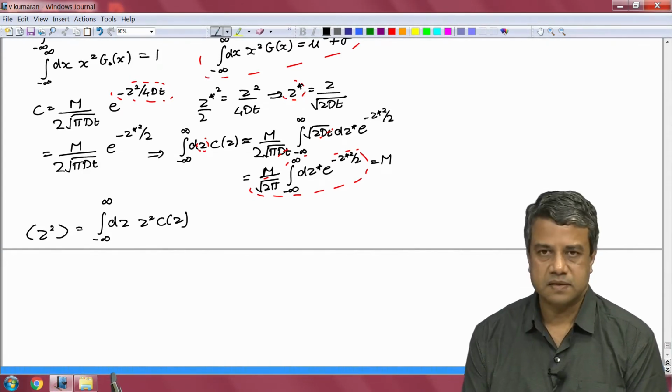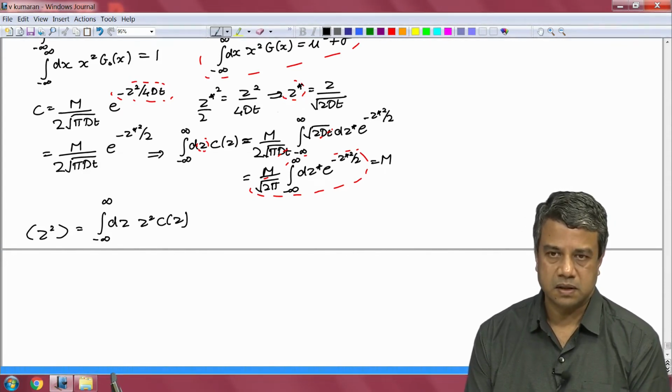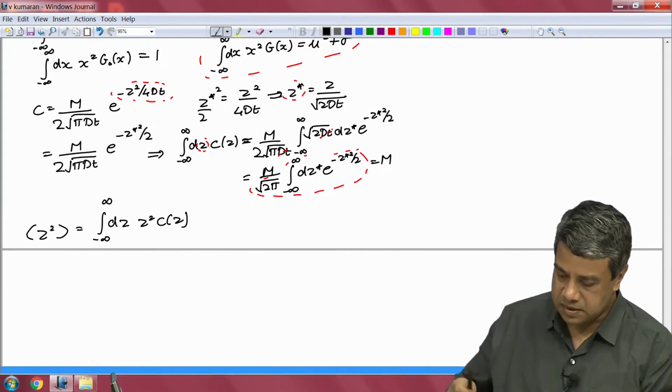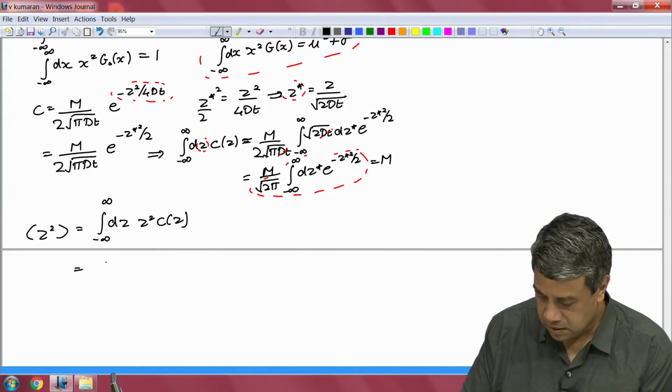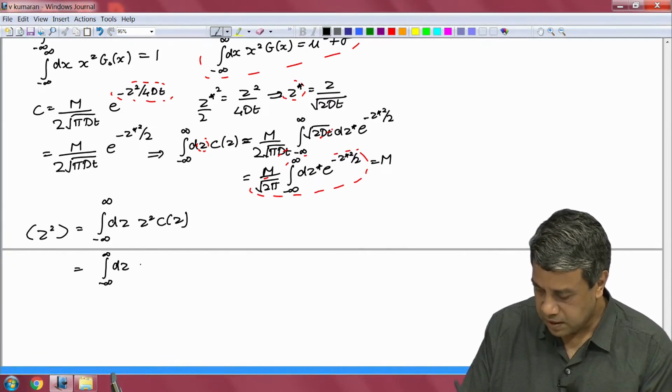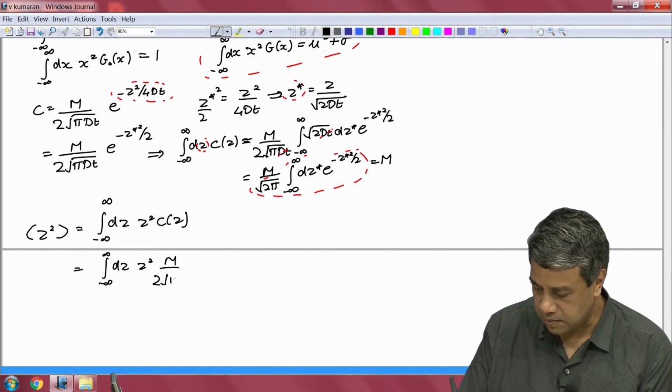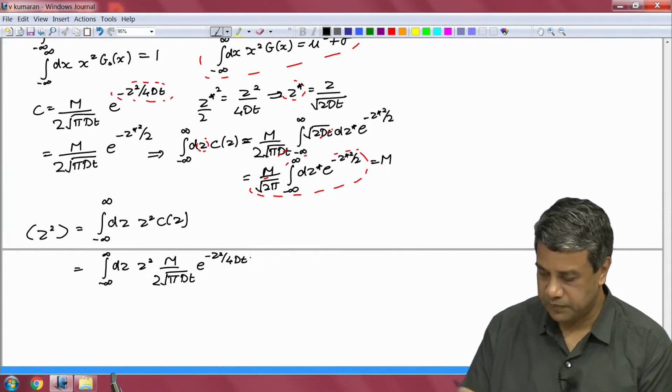And we can calculate this variance with respect to time by just substituting. Times z square times m by 2 root pi dt e power minus z square by 4 dt.